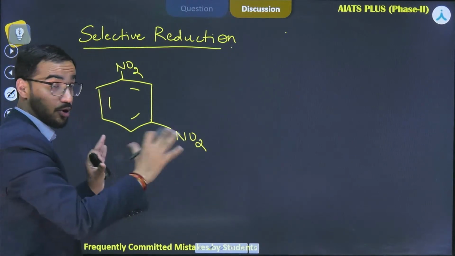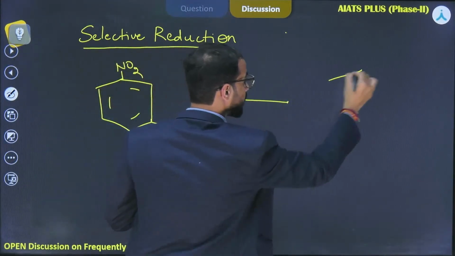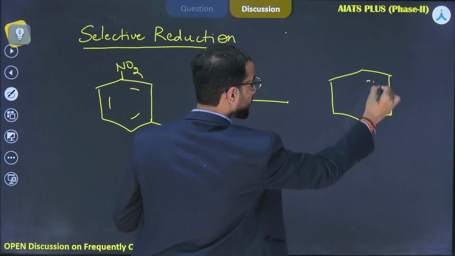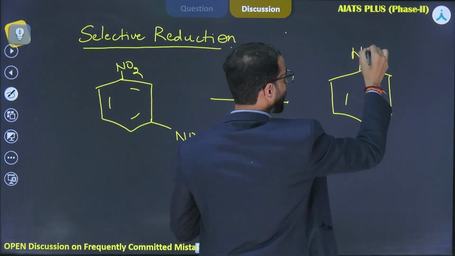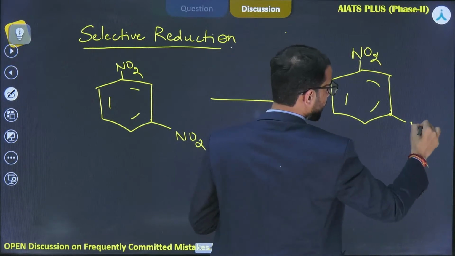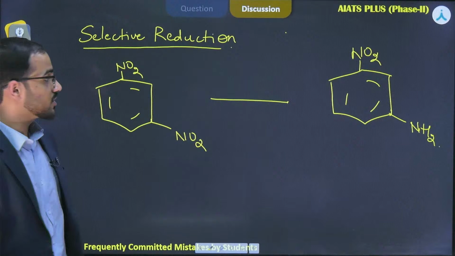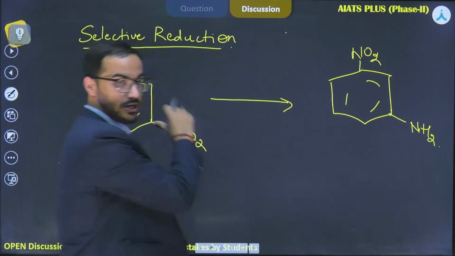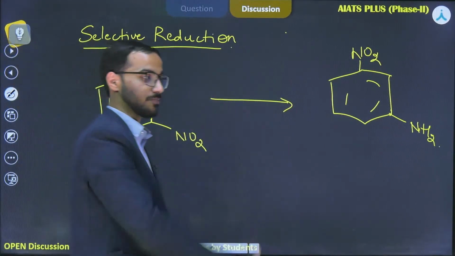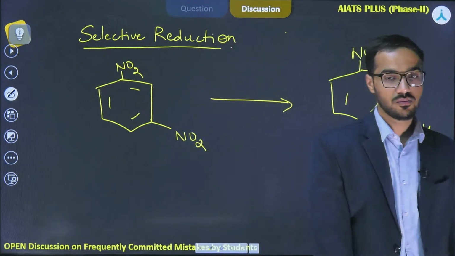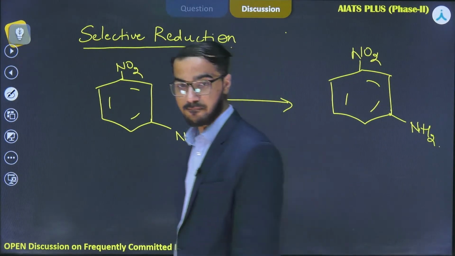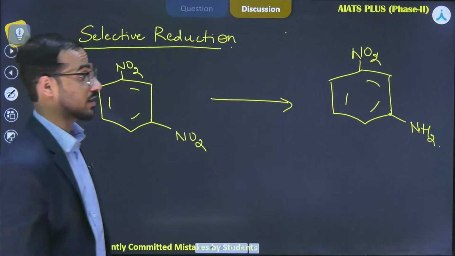And you want a product like this. So what is the reagent you are going to use to convert the reactant A to product B? Lucky has given the perfectly correct answer.